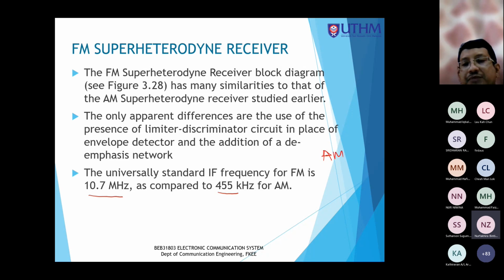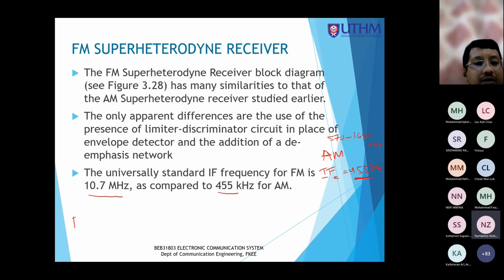If you remember for AM, the standard for the IF center frequency is 455 kilohertz. This is what we learned in AM: whenever we do the down conversion, the center would be at 455. For AM, the frequency band is 570, if I'm not mistaken, until 1650 kilohertz, so we need only one down conversion to the intermediate frequency.